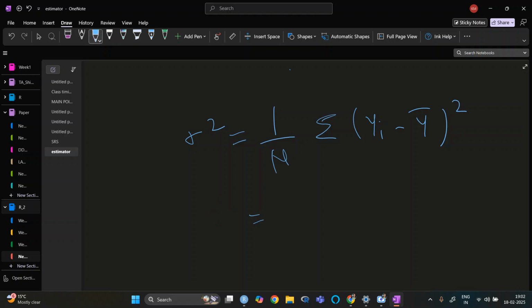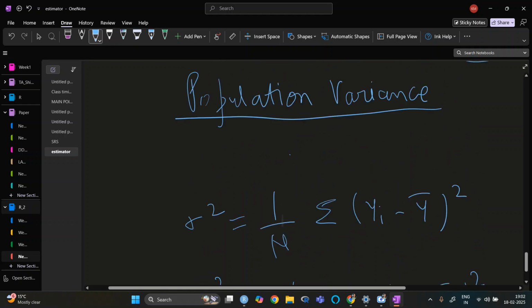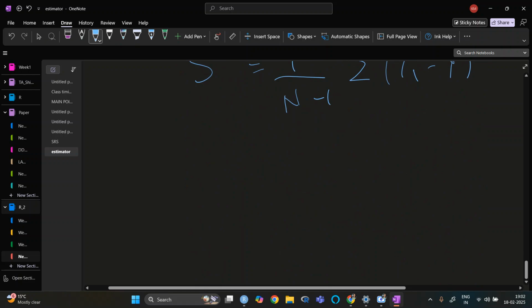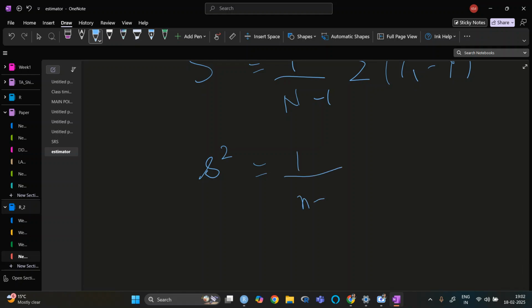Let me write capital for one and another with a different type. It is 1 upon n minus 1 sigma yi minus y bar square. So this is population variance, and the sample variance is s square equal to 1 upon n minus 1 sigma yi minus y bar square. You can see that small y is for sample and capital Y is for population. Okay.